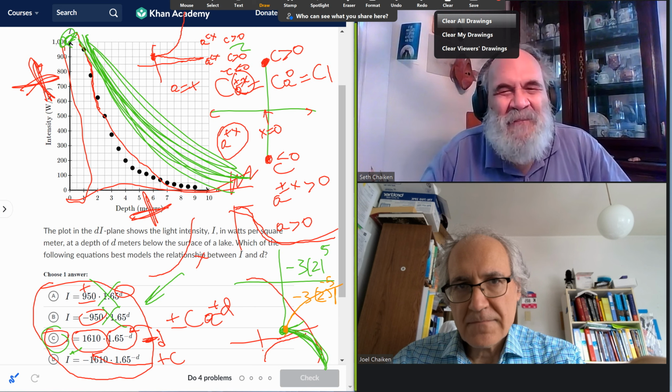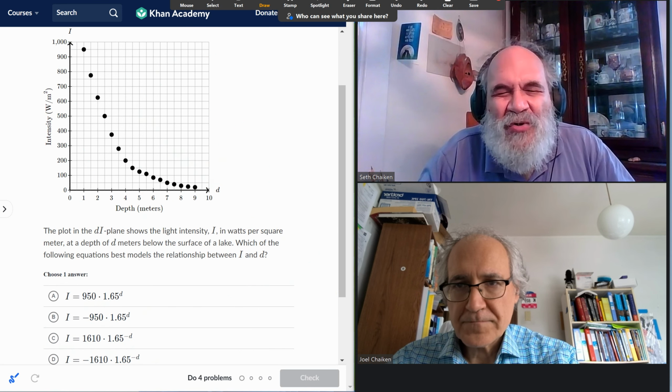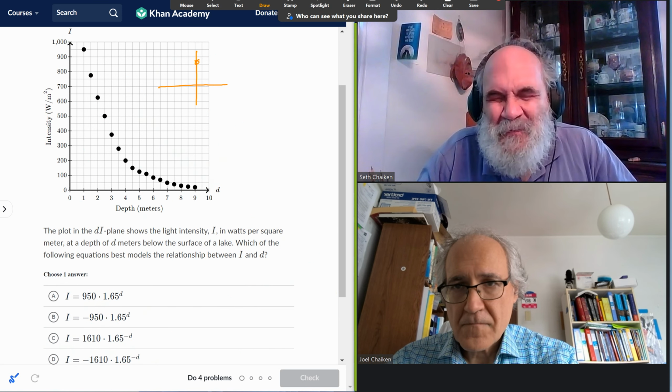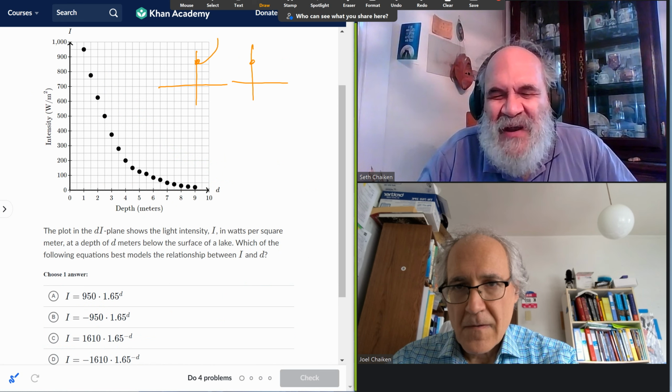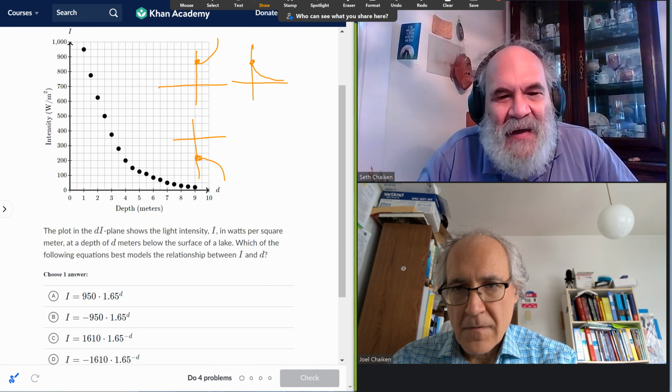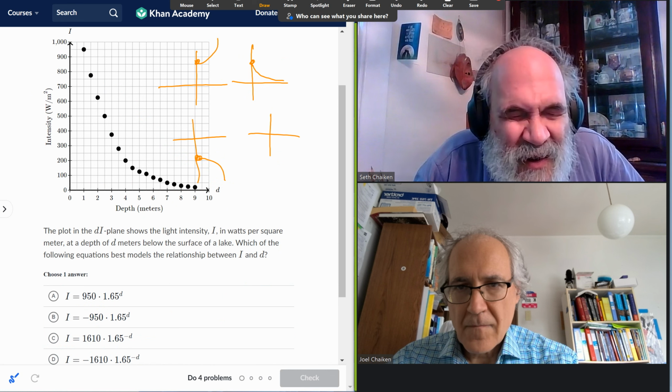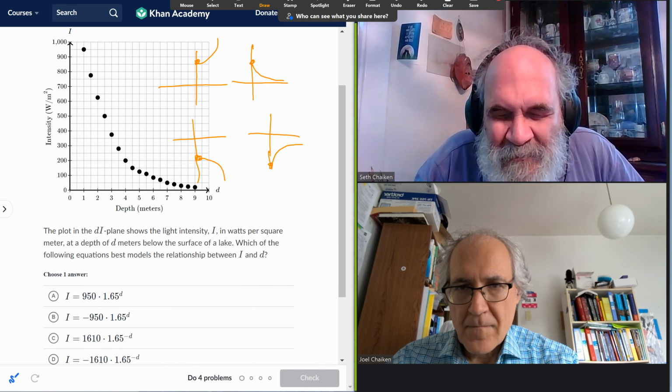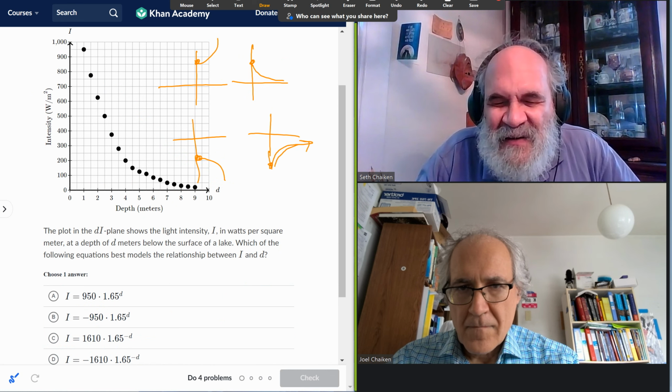The distractors give all 4 possibilities: the combination of positive or negative for the multiplicative constant and positive or negative for the exponent.